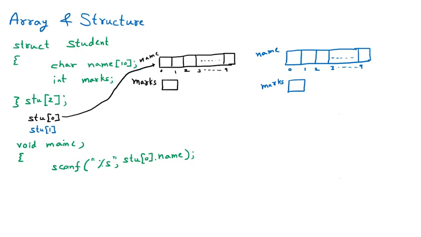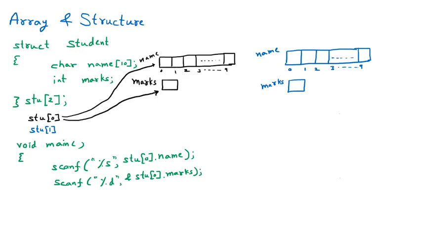Again I have to access the marks, so I will say scanf %d for the integer, and because I am taking the input, we are taking address of stu0 dot marks. So here we are mentioning stu0 dot marks.